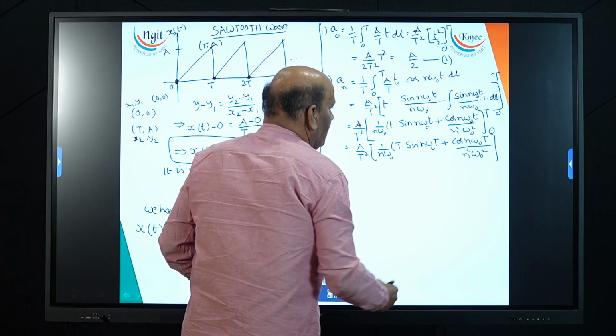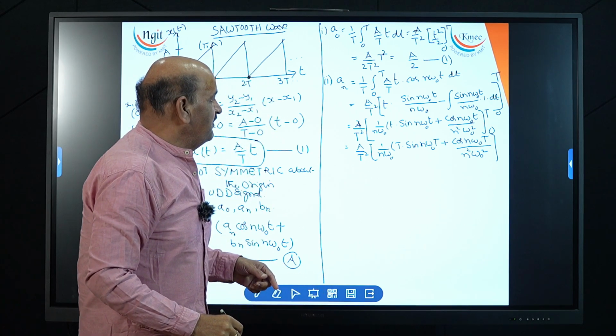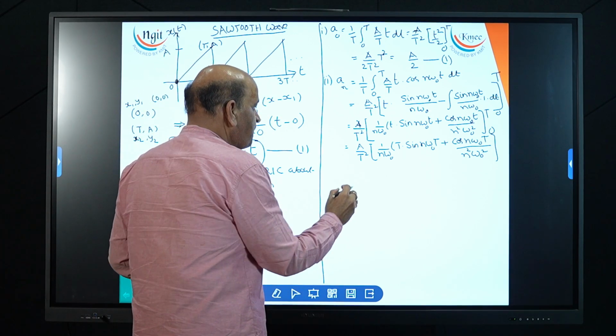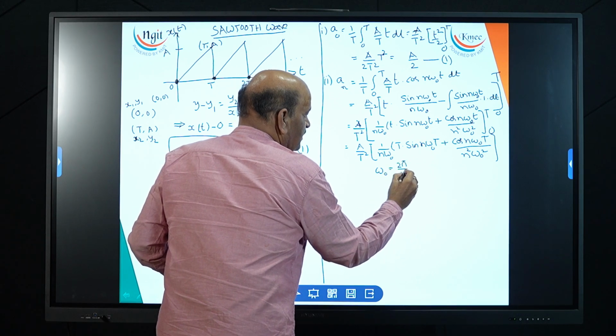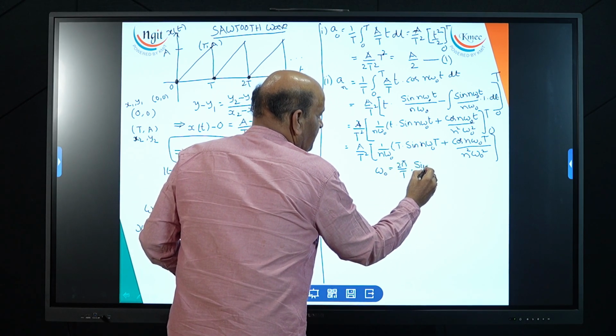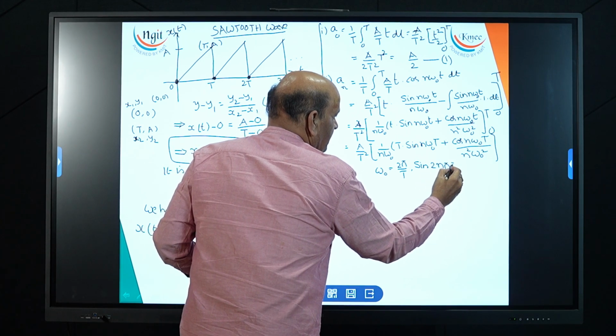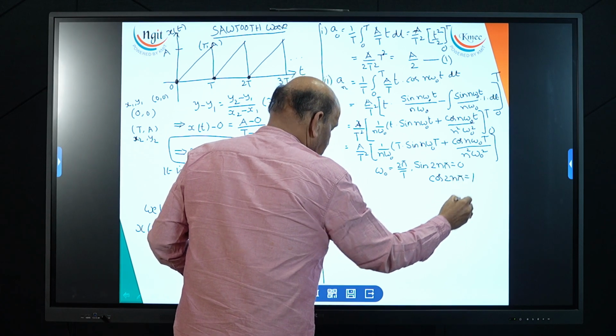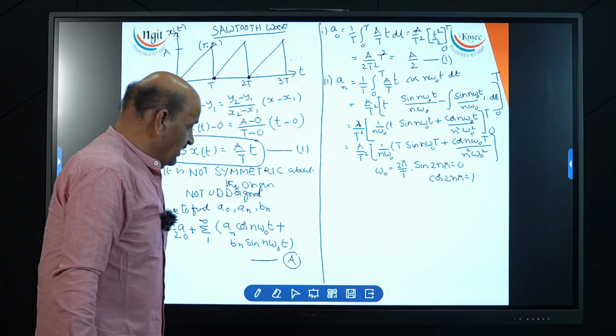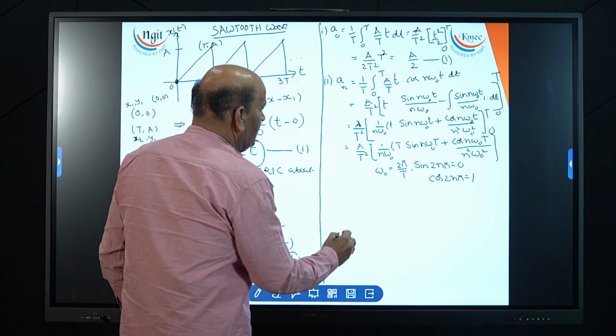Now here we know that wherever there is omega naught, replace it by 2 pi by T, and also sin 2n pi equal to 0 and cos 2n pi equal to 1. Substituting all these values, here what we get?